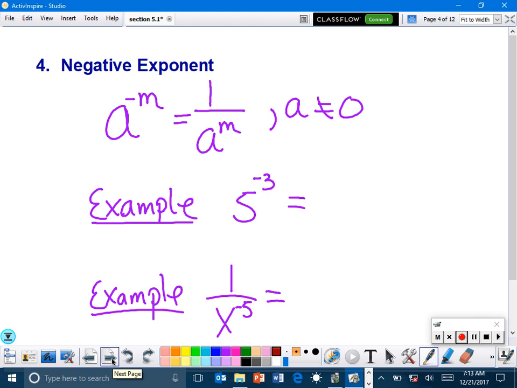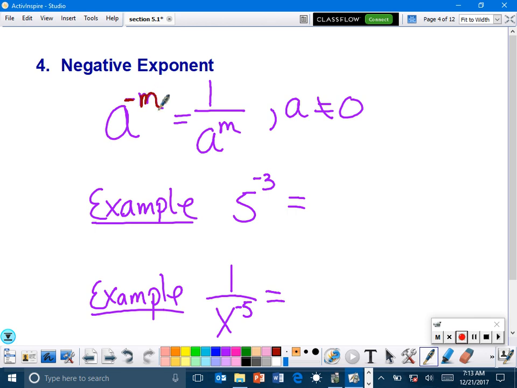Negative exponents. We never want to leave an answer with a negative exponent. That is bad, just remember that. So in this first example, we've got a base a to the negative m power.